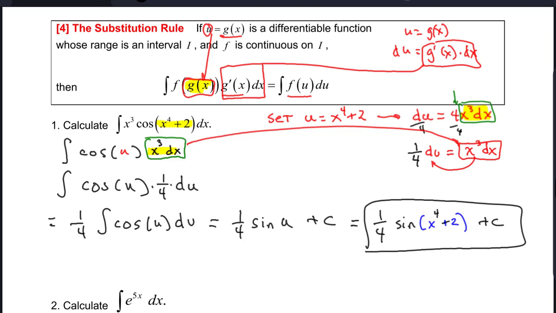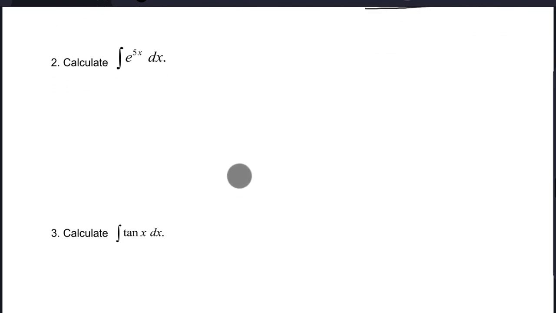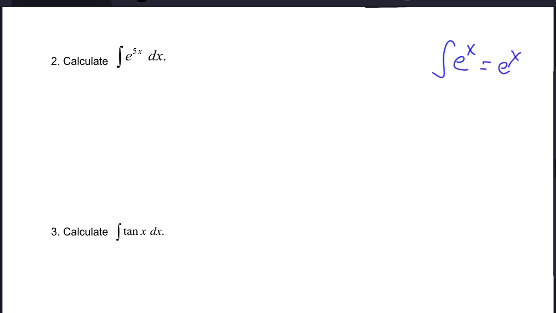All right, let's try another one. Okay, now the integral of e to the x, scratch work over here, integral e to the x equals itself. Okay, but this is not that. This is the integral of e to the 5x.